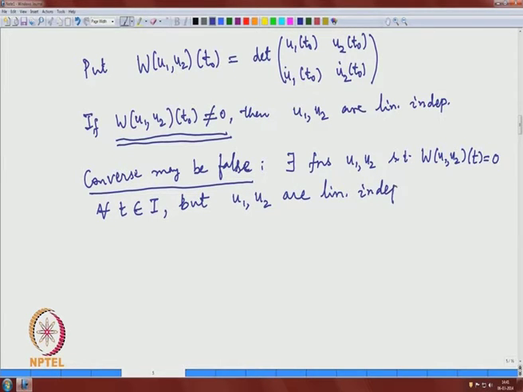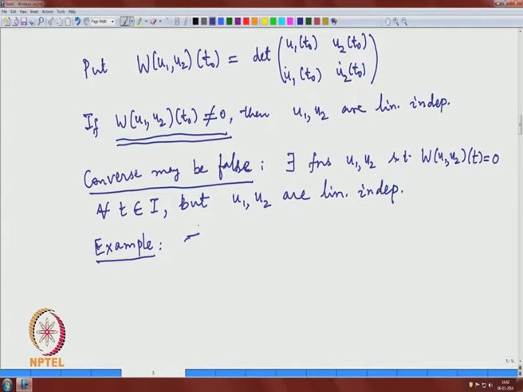Okay. So, this is a striking example. So, let me just mention that. So, example, you work out the details.